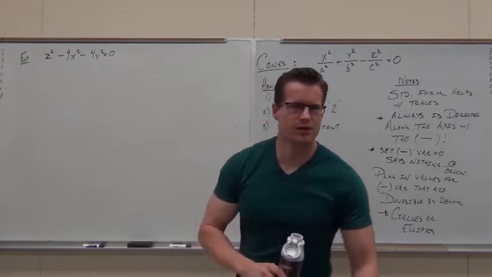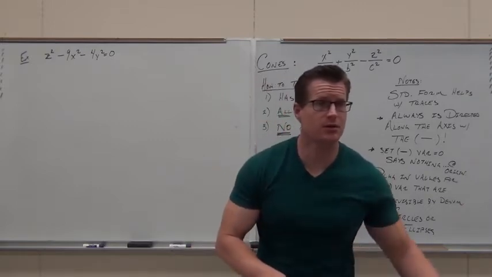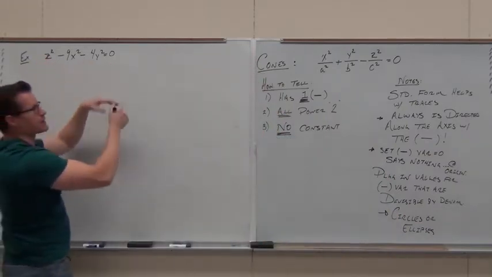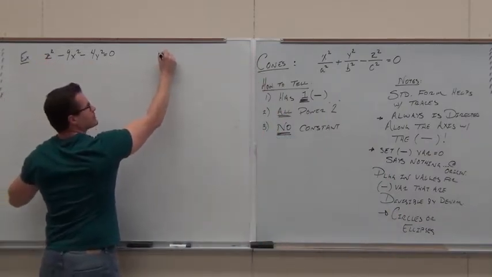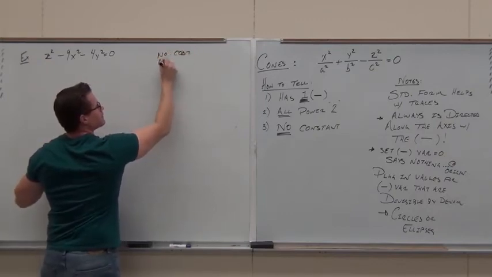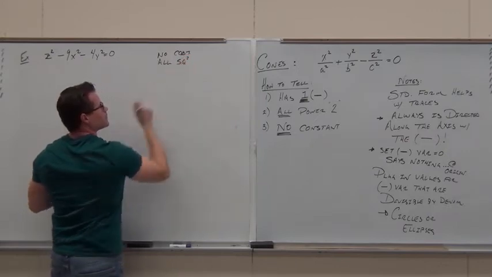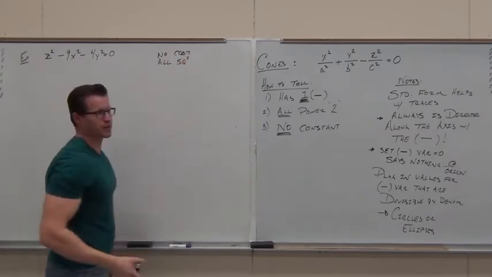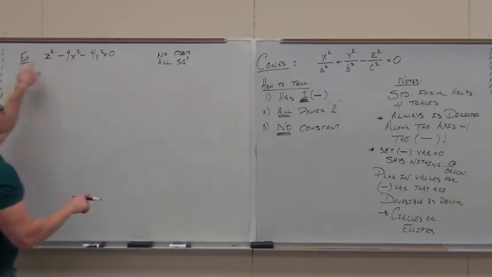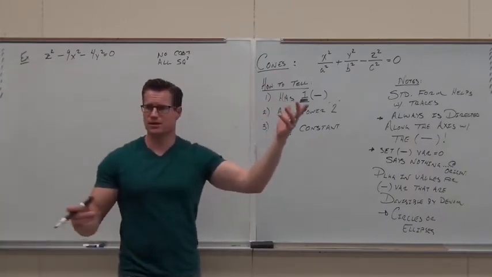Could you just move them all to the other side, or just change the signs when you have that 0? Just take care of that. So if you have this, I don't see a constant, so there's no constant. All squares, that pretty much looks like a cone to me, except for the fact that this has 1 minus, this has 2. When that happens, you have 0, it's the same thing.